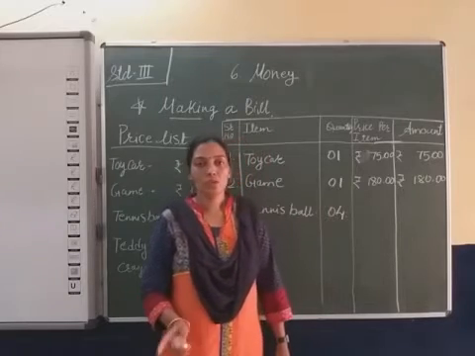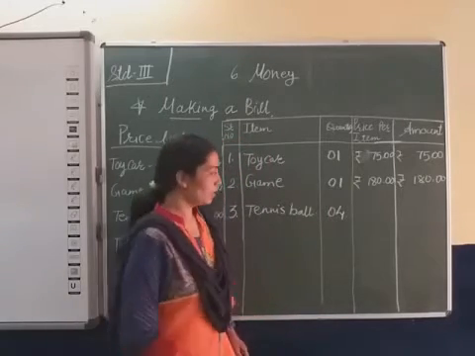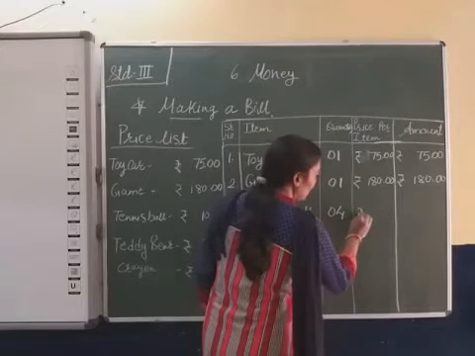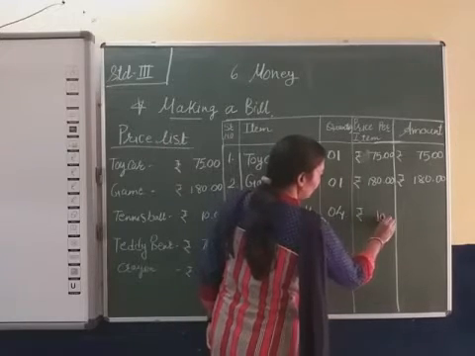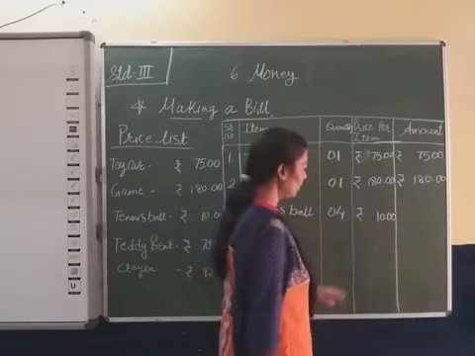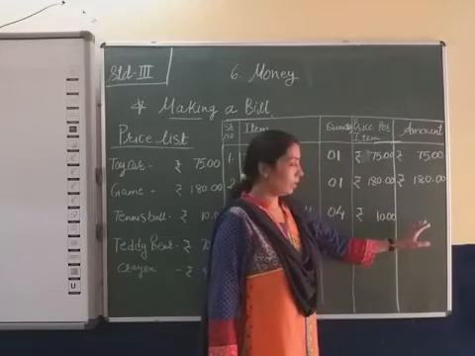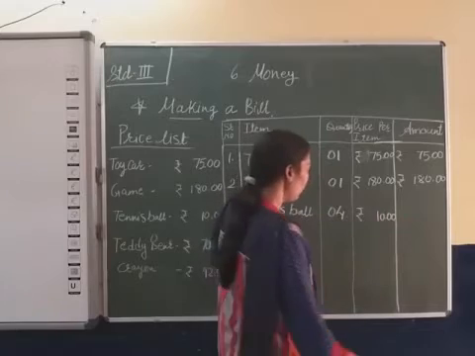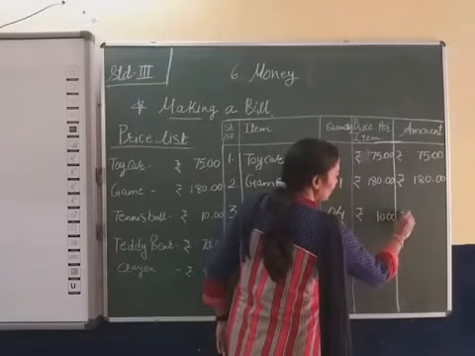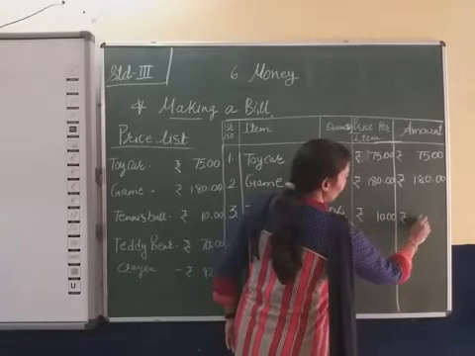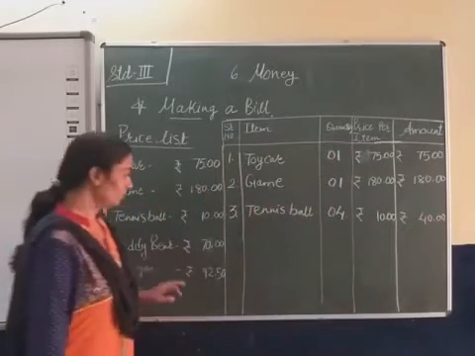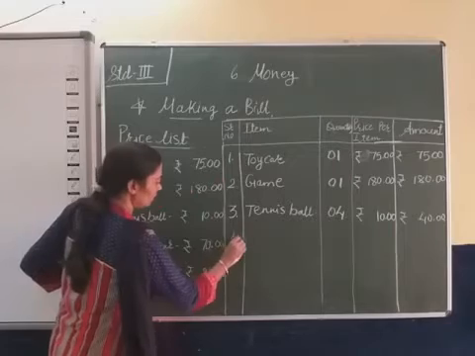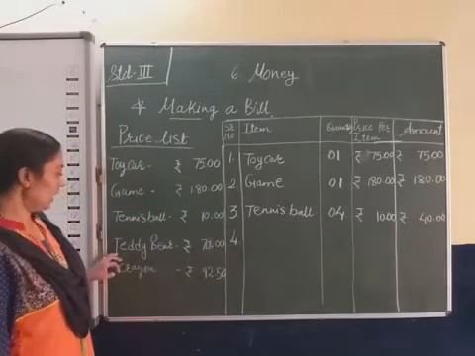So 10 into 4, 40 rupees. So we write the price per item as 10, and in the total, the amount for 4 tennis balls is rupees 40, 0 paisa.